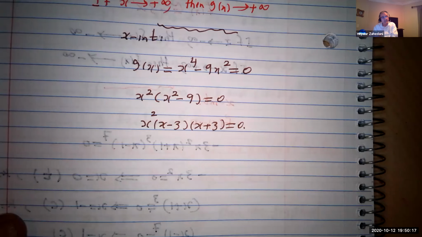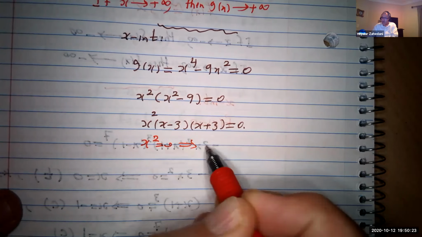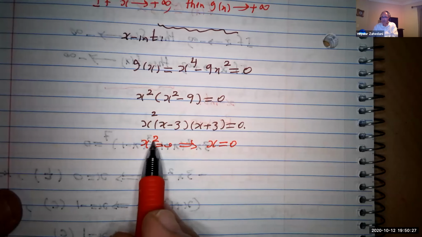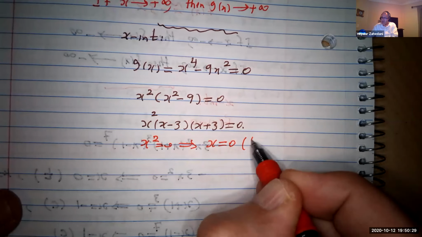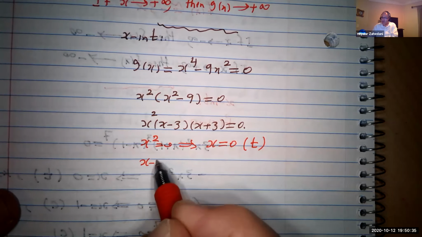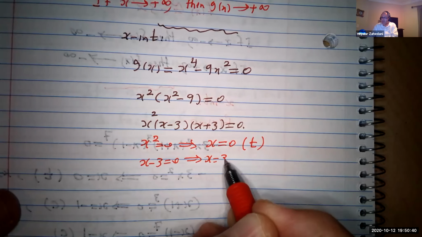What we're going to do is let each factor equal 0. The first factor gives x equals 0, but the power is even. Since the power is even, your graph touches the x-axis at this point. The other factor is x minus 3 equals 0, so x equals 3.